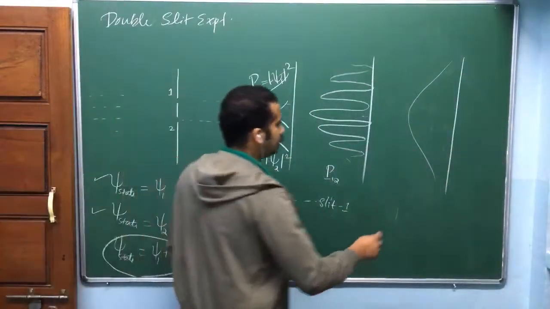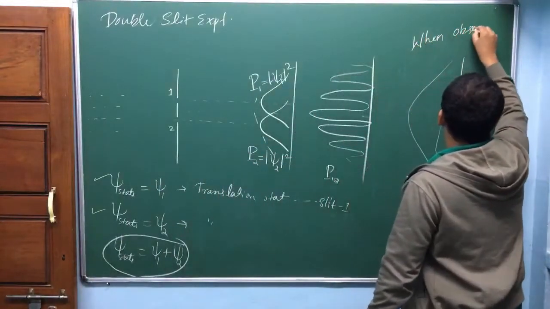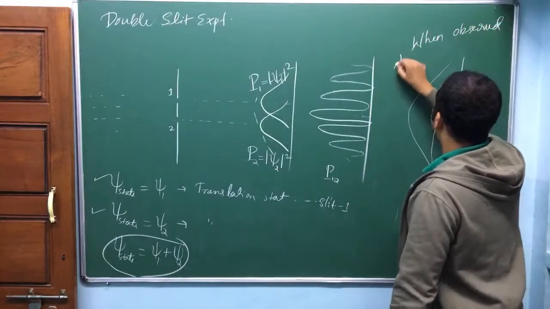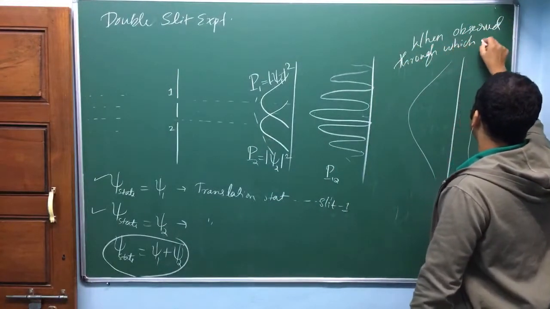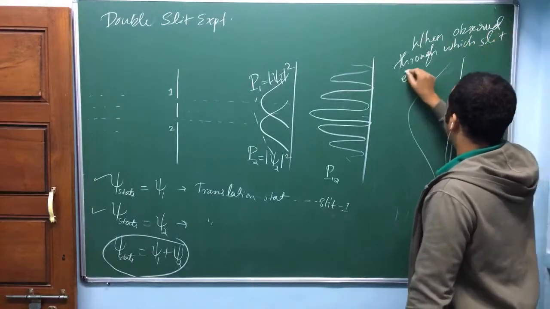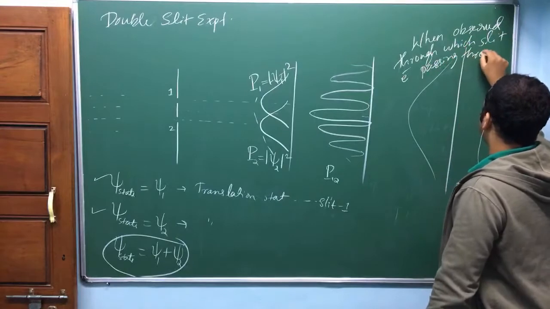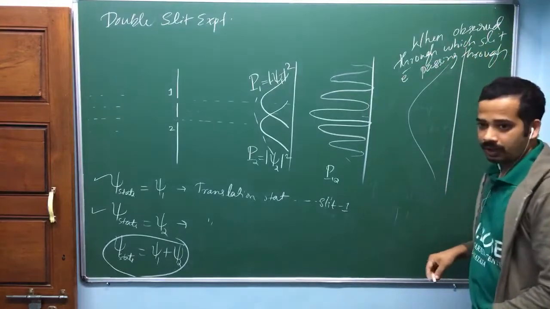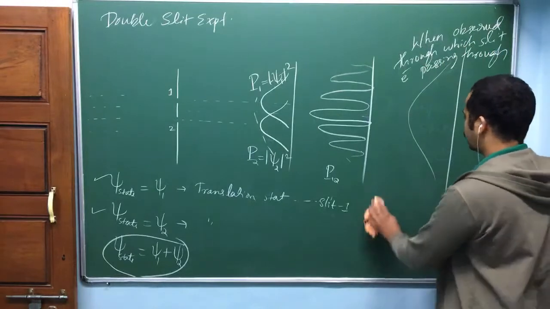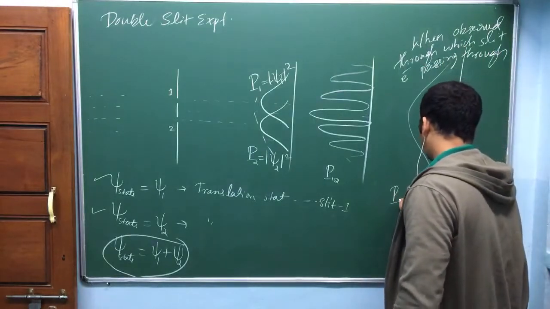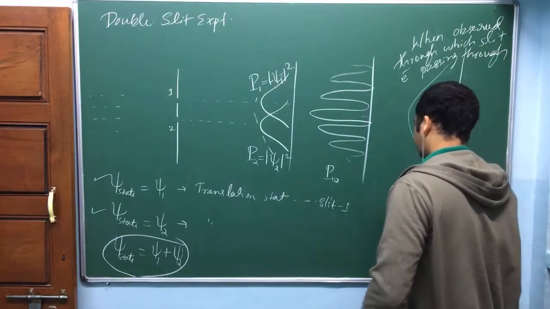That is, when observed, through which slit is the electron passing? So what is your answer? Either psi 1 or psi 2, isn't it? Either slit 1 or slit 2. So your P12 is equal to P1 plus P2 here.